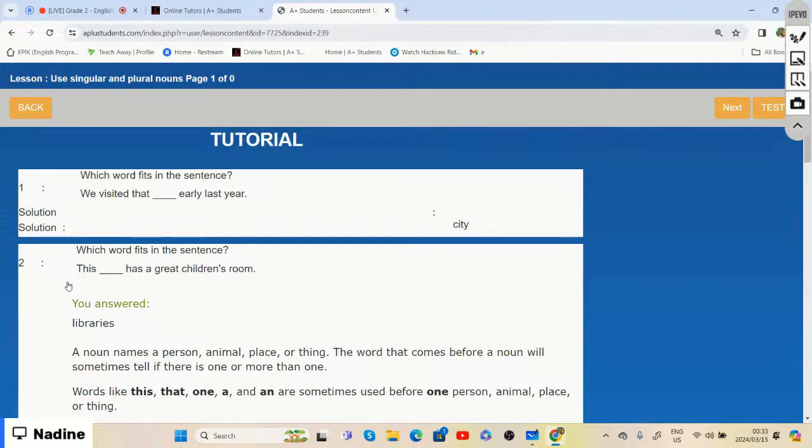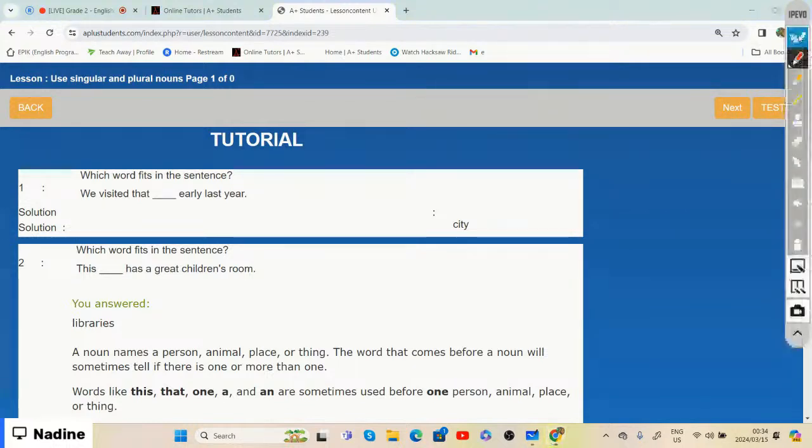If we look at this word, they say we need to use this word. So cities.